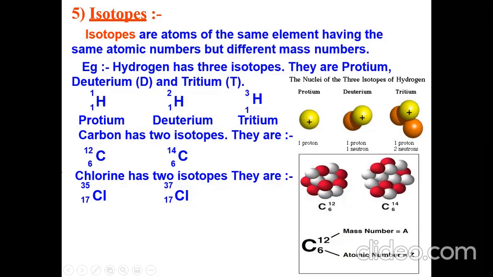Carbon has 2 isotopes, 12/6 C and 14/6 C. 6 is the atomic number, constant, same in both cases, and 12 and 14 are the mass numbers, different. Chlorine has two isotopes, 35/17 Cl and 37/17 Cl. 35 and 37 are both mass numbers, different, and 17 is the atomic number of chlorine.